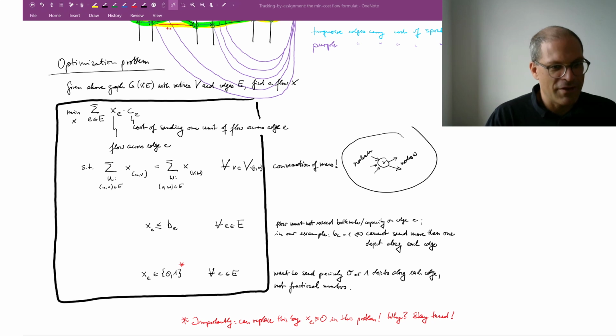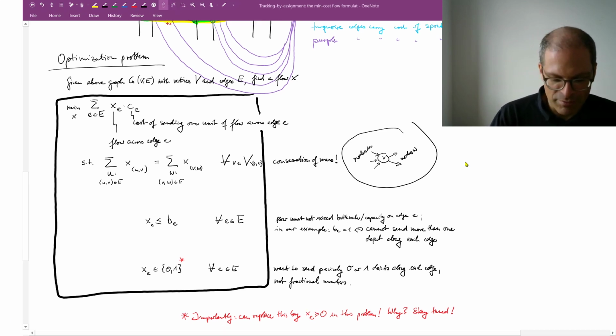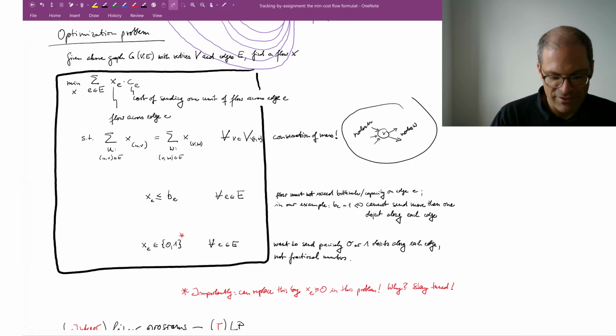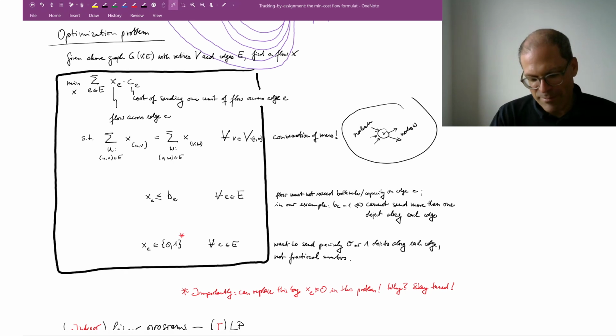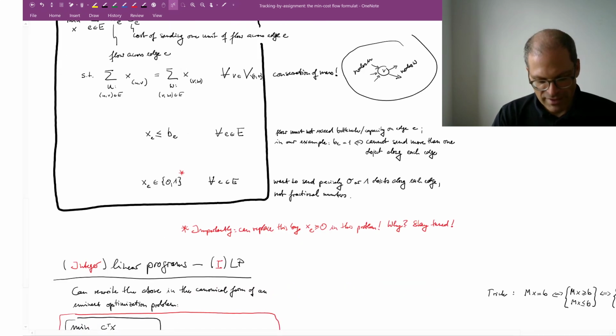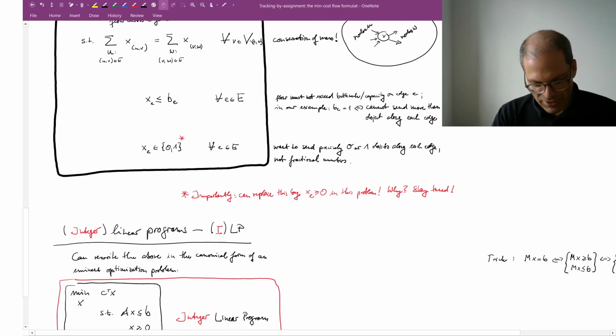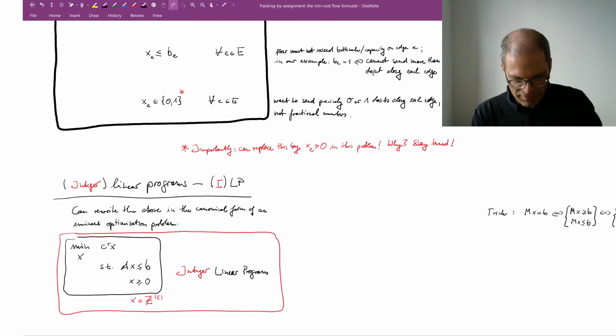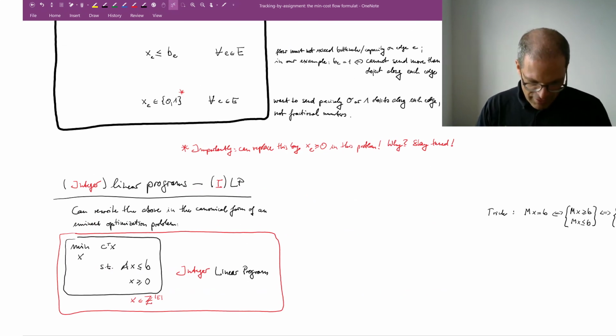All right. Then the last thing I want to point out before the break is that this is one instance of a much bigger and extremely well-known, extremely important class of optimization problems, namely those of linear programs, or if you use the integrality constraint, of integer linear programs.